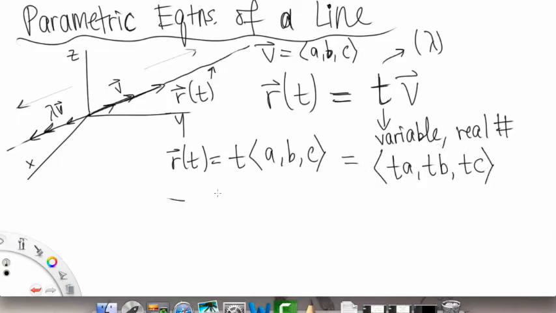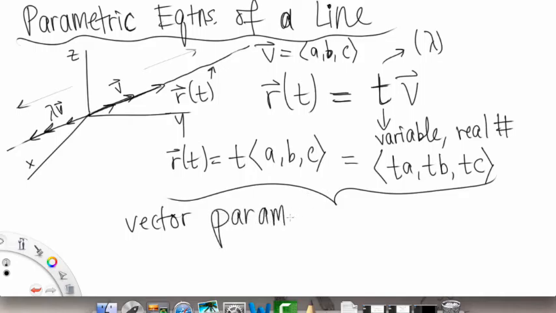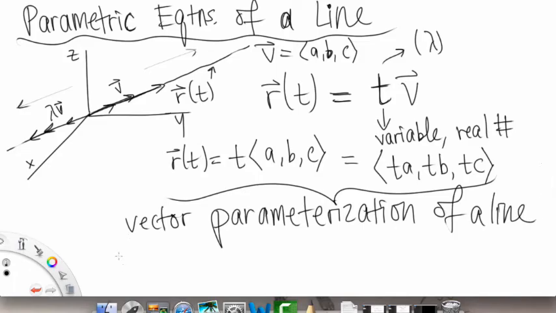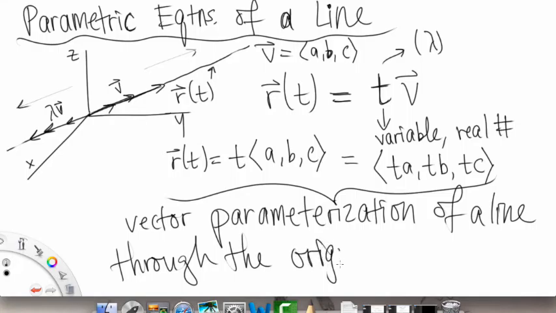Either way you want to write it, this is called the vector parameterization of a line through the origin. This is an important point to note. It is through the origin because if t equals 0, then our point is 0, 0, 0. So we can hit the origin by just setting t equal to 0.